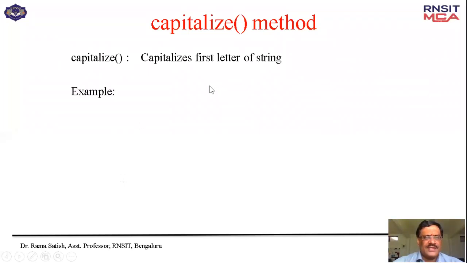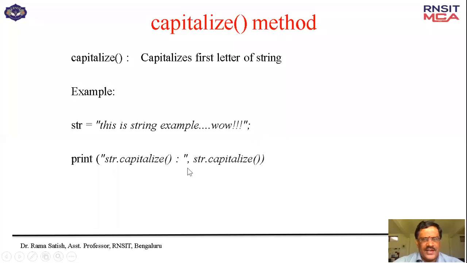So the example is str is so and so. If I write str dot capitalize, observe here, it is a method. You know why it is called a method? This capitalize is working based on the string. Whereas type is a function; type of str, if I give, is not associated with any of the data.